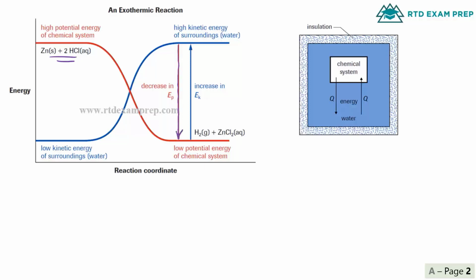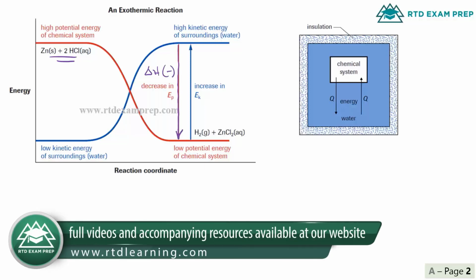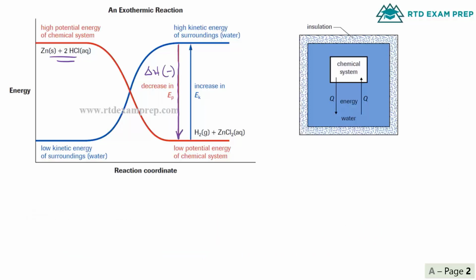And if you recall, what I'd said before was that in this case, this delta H would be negative because of that decrease in potential energy.